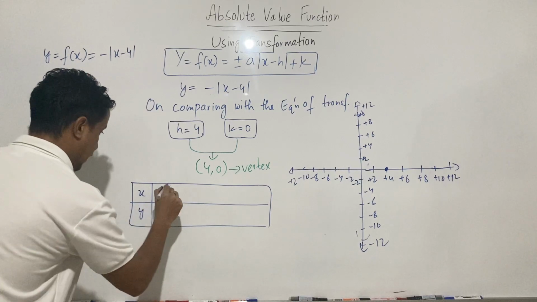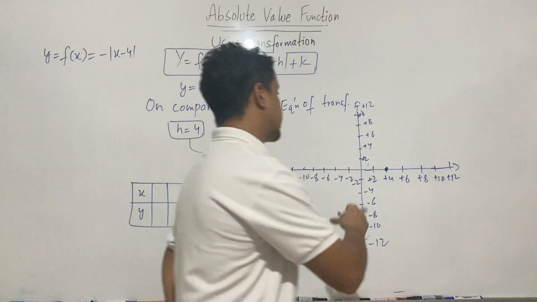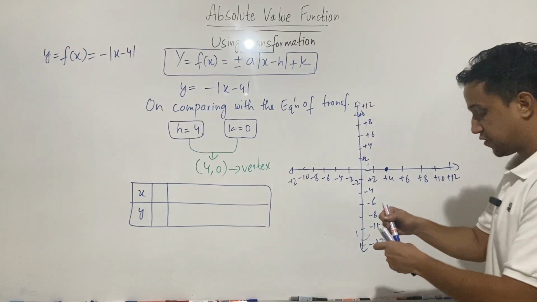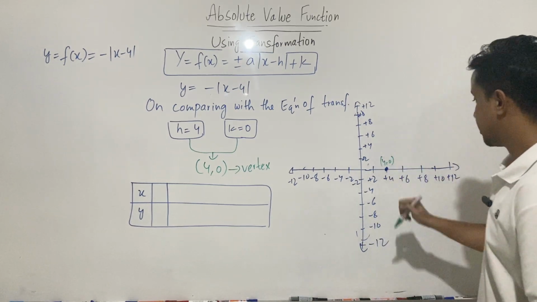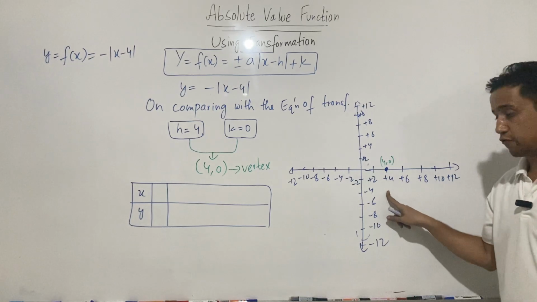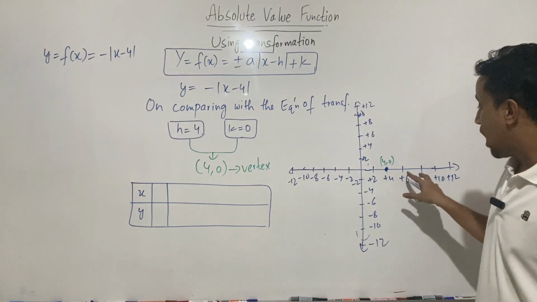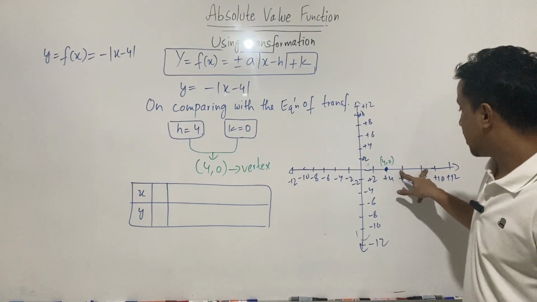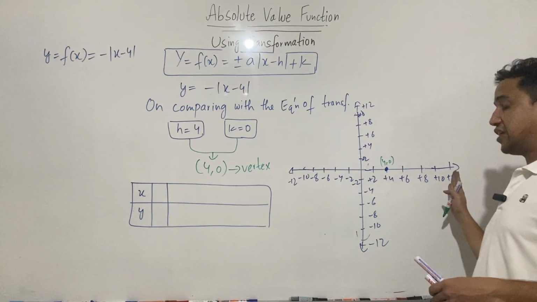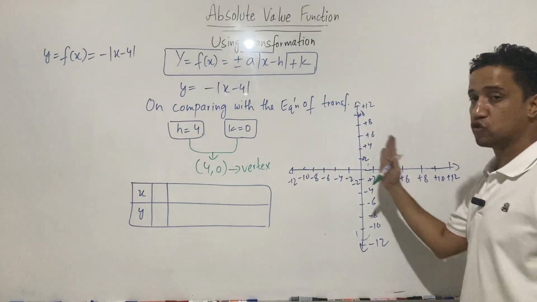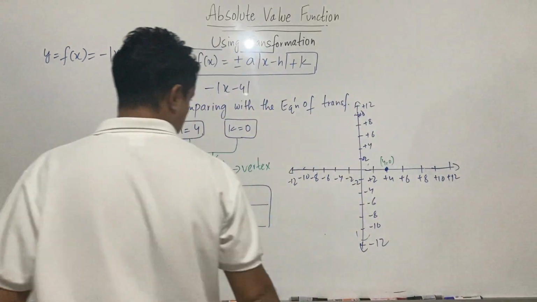Because my vertex is here at (4, 0), it means my x-intercept is 4. So I'm going to take some positive values from the right of 4 and some values from the left of 4.